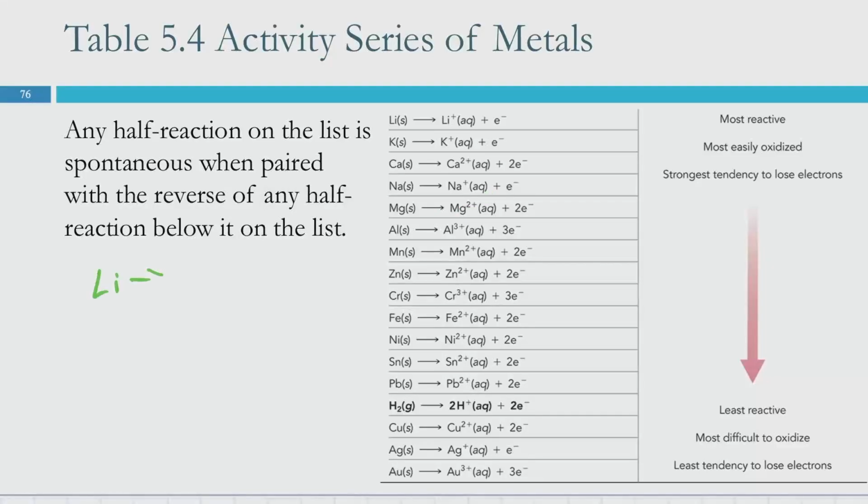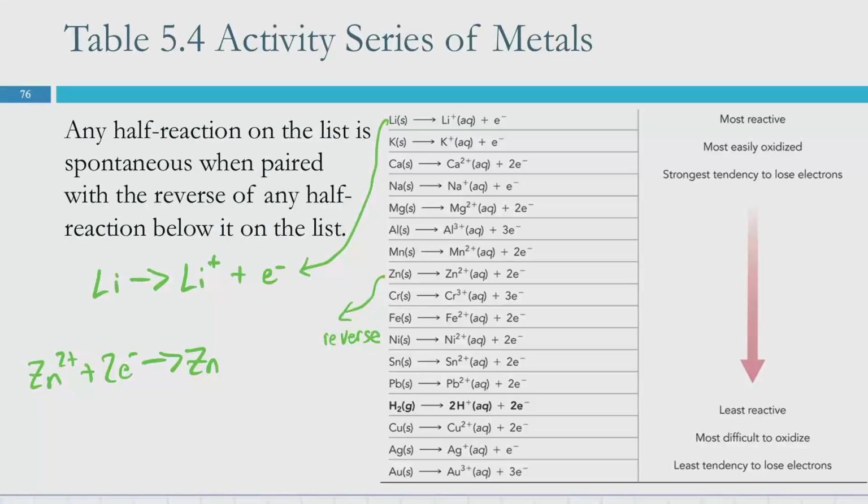So for example, lithium going to lithium plus plus e minus, that's the one that's at the top of the list. Very eager to give up its electrons, lithium is. If we pair that with the reverse of something below it, like zinc 2 plus plus 2 electrons going to zinc metal, if you combine these two reactions together, that's a spontaneous reaction. It will occur without putting extra energy in.